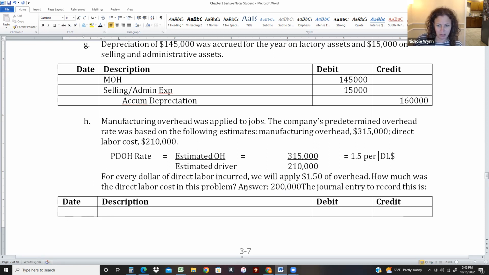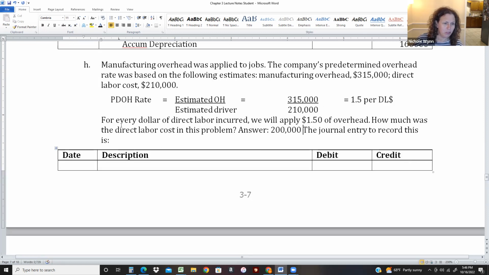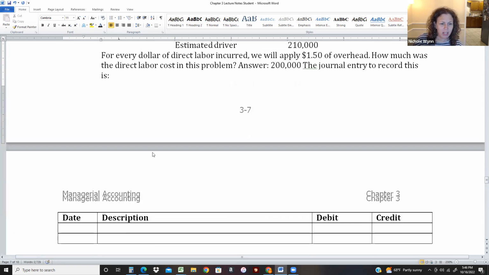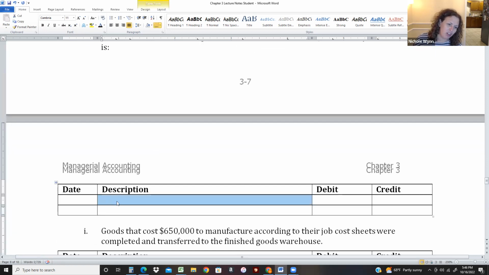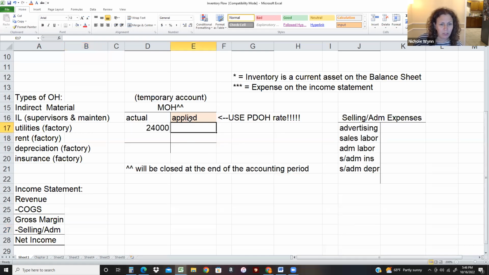So let me see here. Okay, my spacing is a little bit off, so I'm going to move that down so I can see the whole entry together. What I'm going to do is apply overhead. Now, when you apply overhead, it's the credit side of overhead because actual applied.